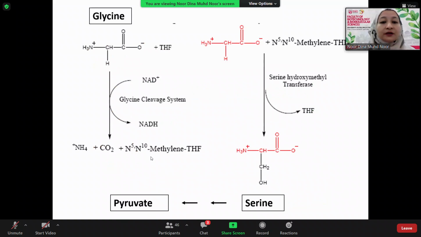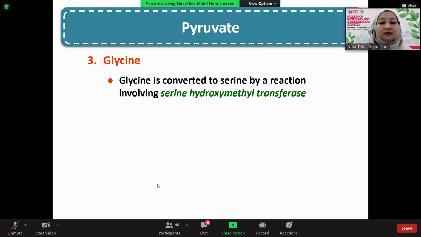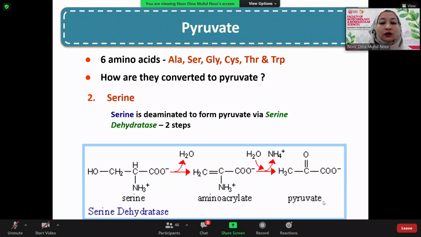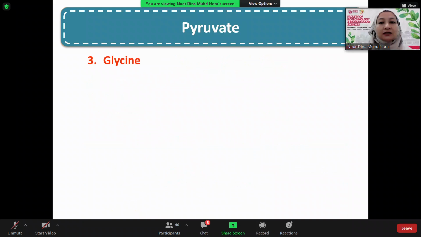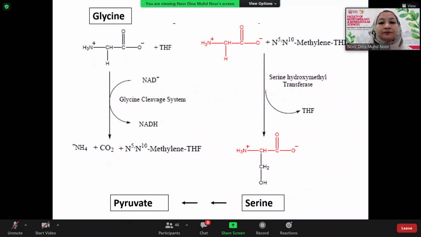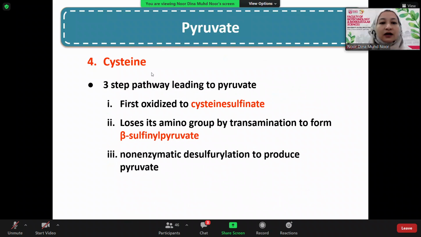They will receive the one carbon from the process of the glycine cleavage system, and glycine will be converted into serine after it receives the methyl group. And then finally the serine will be degraded into pyruvate as in the previous step. So this is how glycine is degraded into pyruvate.